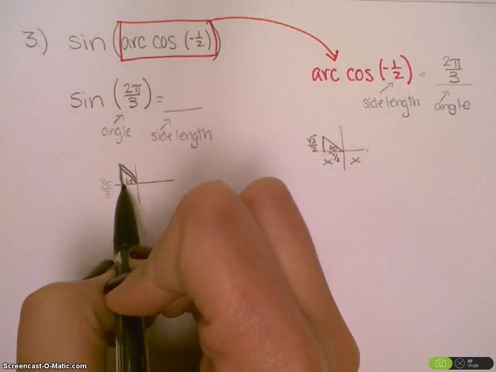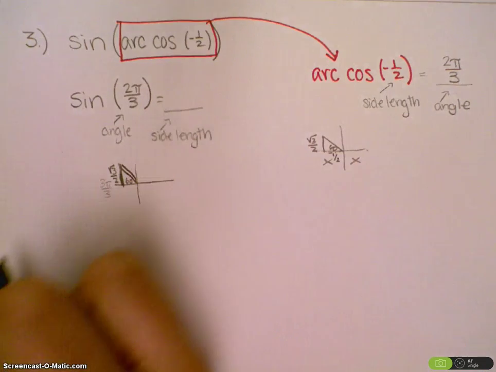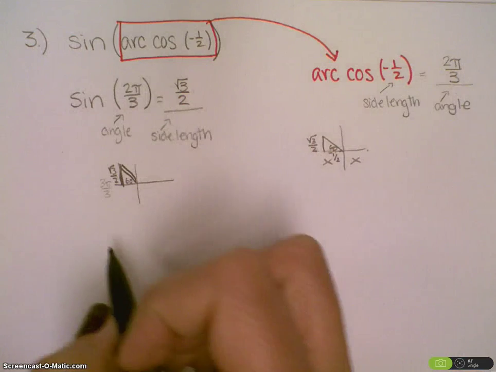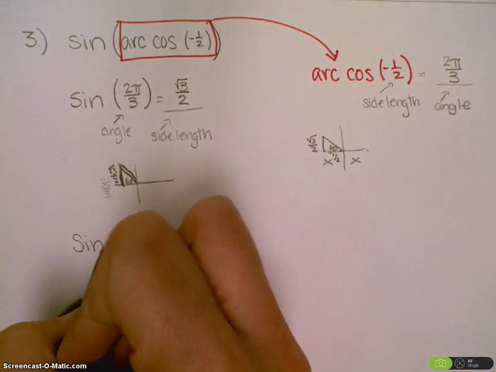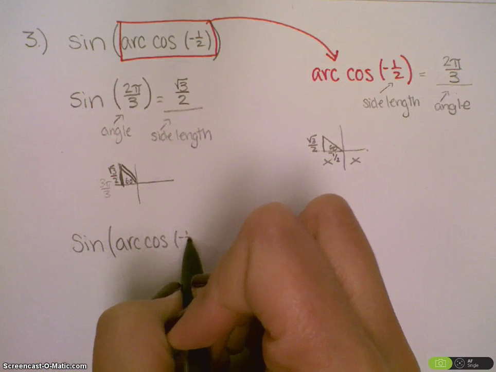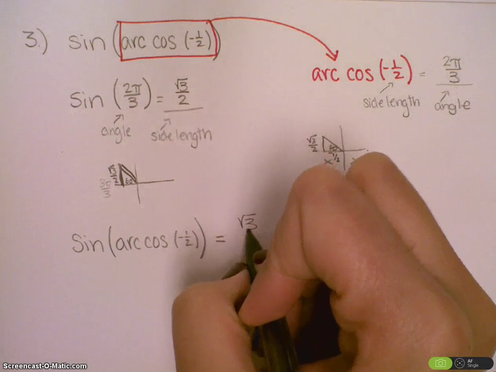Sine means it's our y value, and we know it's root 3 over 2. So, root 3 over 2. To recap, we have our sine of arc cosine of a negative 1/2 is equal to square root 3 over 2.